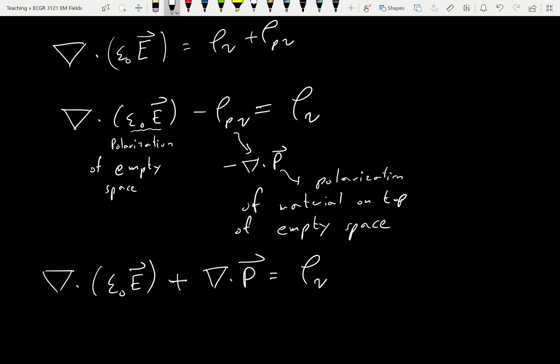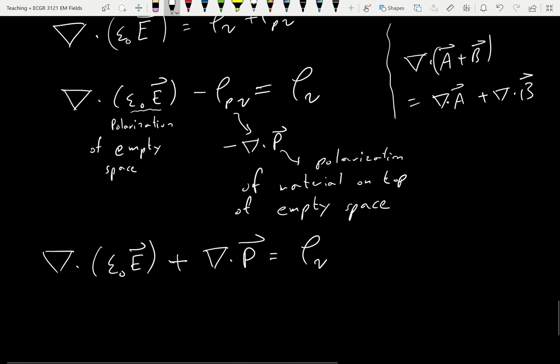And we know that divergence is linear. So if I have divergence of A plus B, two vectors, the result is divergence of A plus divergence of B. Divergence has a basic linearity property. So I can use this property to rewrite this as divergence of epsilon naught E plus P, right?